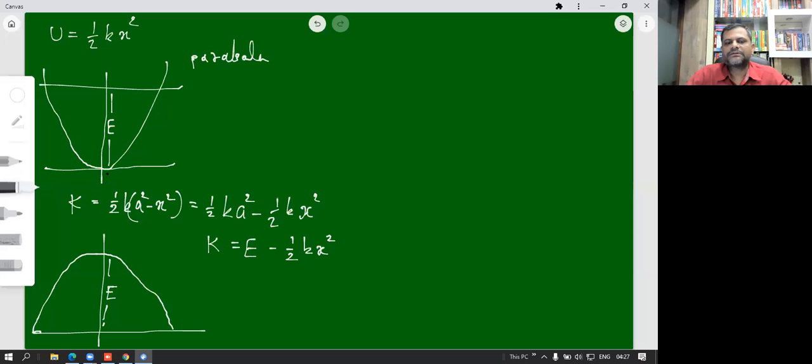And remember that the potential energy is minimum or zero at the middle position, mean position, and it becomes maximum at the extreme positions, चाहे वो right extreme हो या left extreme हो.